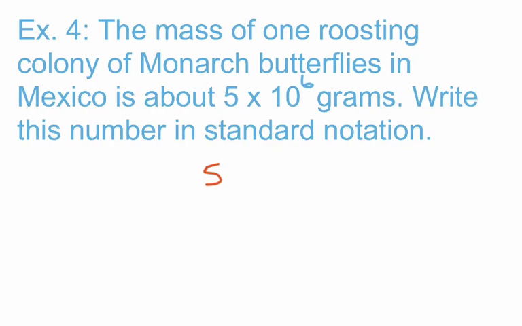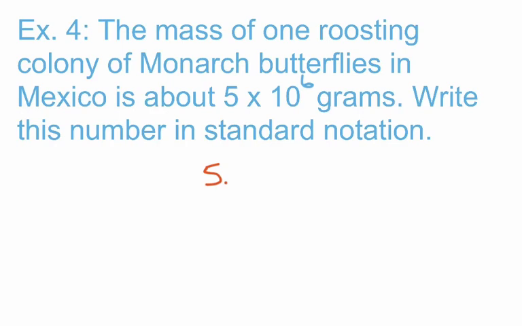Now there is no decimal place specifically written in this problem, but we know that there's always a decimal behind the last number if there aren't any decimal places specified. So I'm going to put a decimal after the 5. And now, because 6 is positive, so it's going to be a very large number, I want to make my ocean waves going to the right.